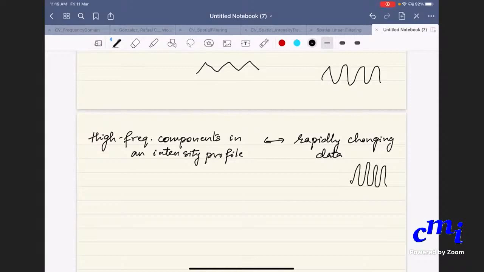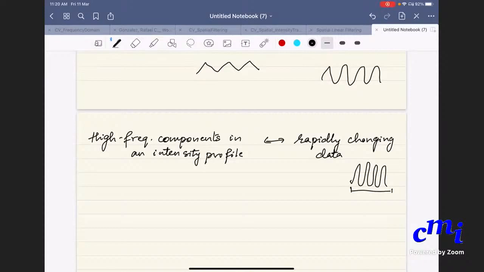You can imagine this is a high frequency component, the frequency is high over a given time interval. This usually corresponds to rapidly changing data in the image, which could mean there is an edge, so the intensity has changed at that point.